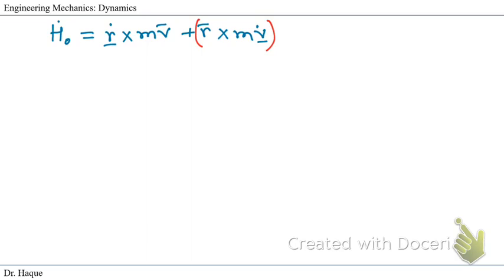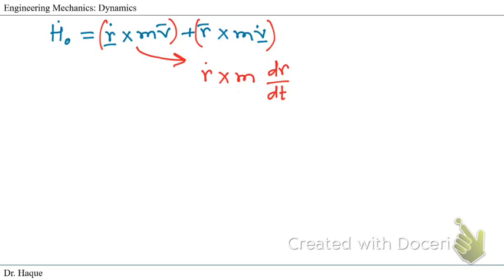So the angular momentum derivative has two terms. Actually, we're going to focus on the first term here, which is r dot cross product mv. So we know we can write it as r dot cross product equals m, and instead of v, we can write dr over dt, right?